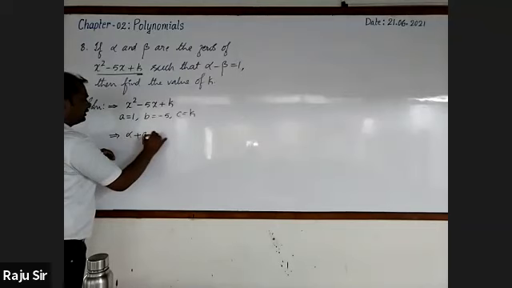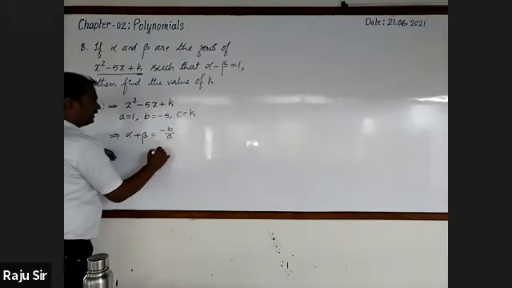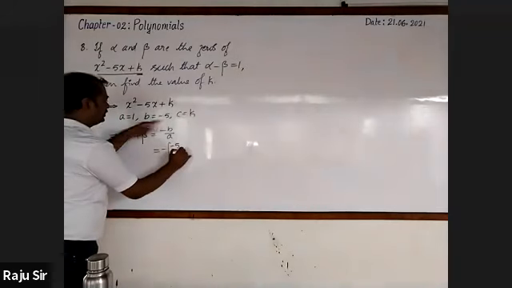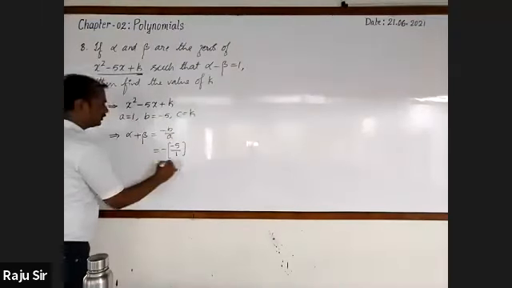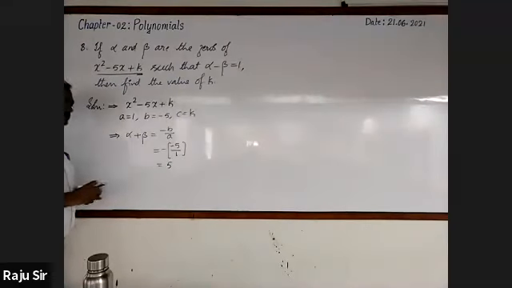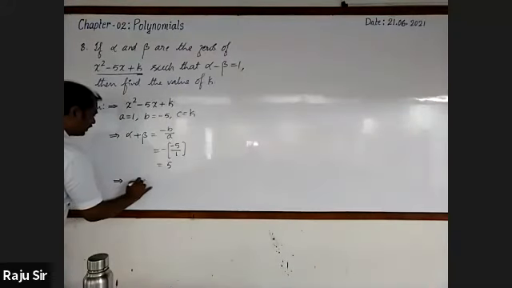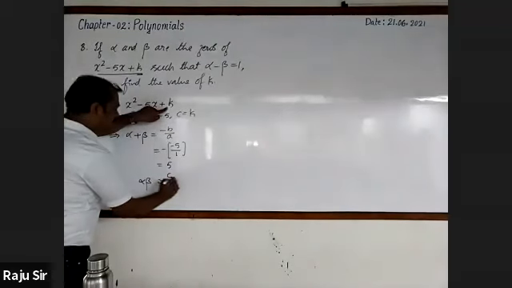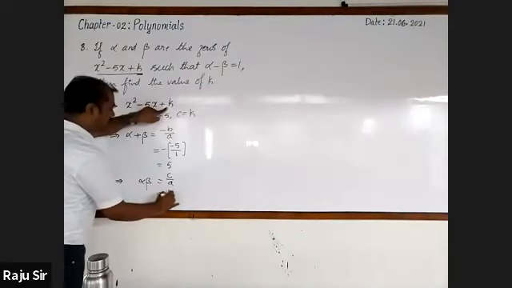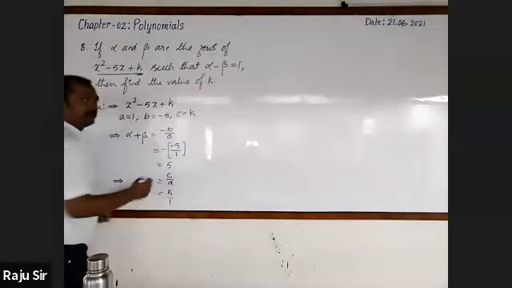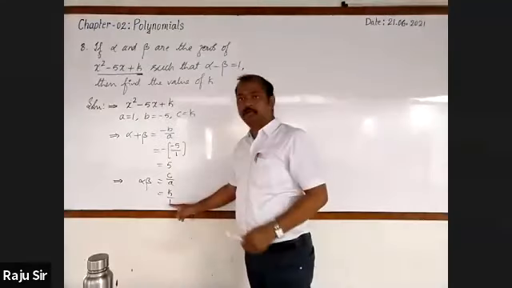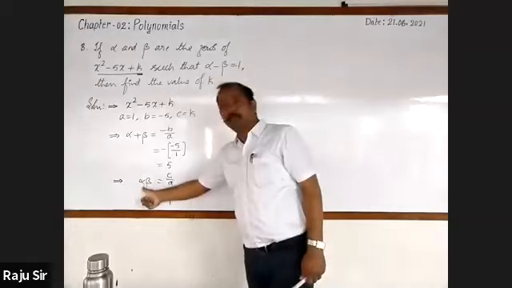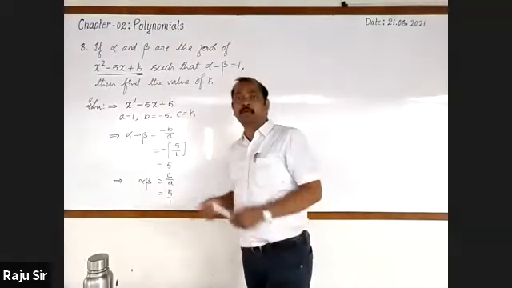Alpha plus beta is minus b by a, which is minus of minus 5 by 1, equal to 5. Sum of zeros is 5. Then the product of zeros, alpha into beta, is c by a, where c is k and a is 1. k by 1 is k only. So k equals alpha into beta. To find the value of k, you must know the values of alpha and beta.